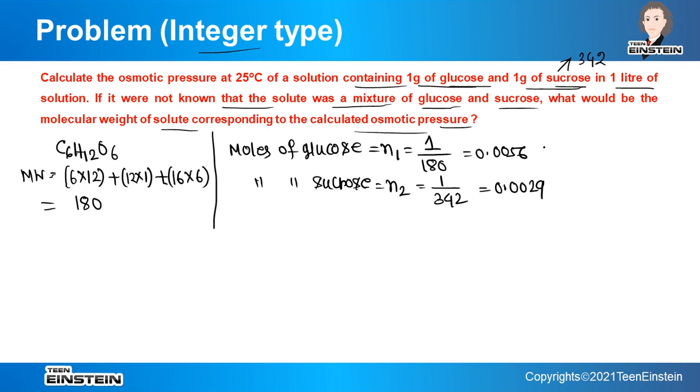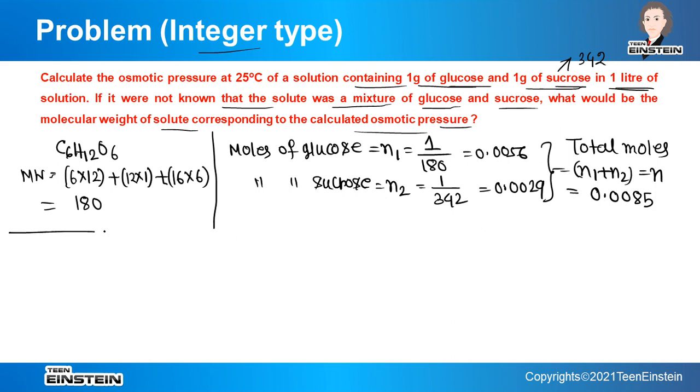Now total moles N1 plus N2, suppose it is N, is equal to 0.0085. Now here the volume of the solution is given, 1 liter.